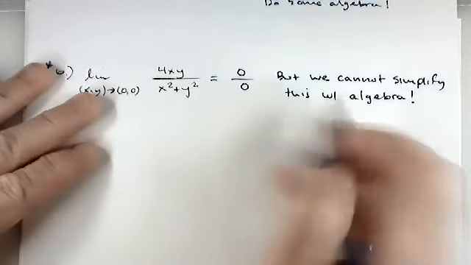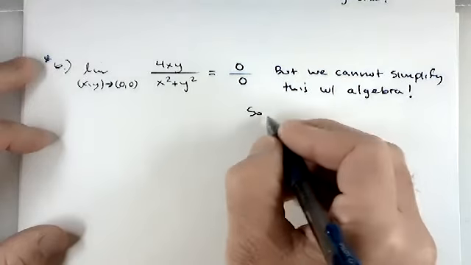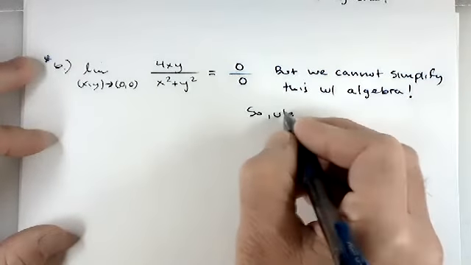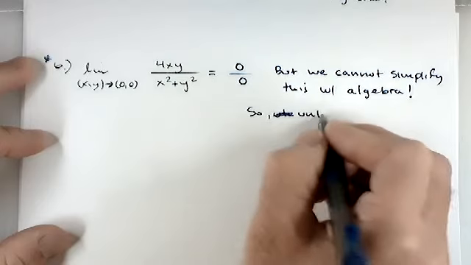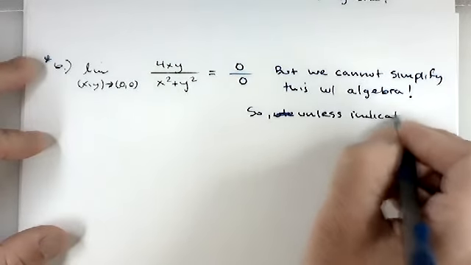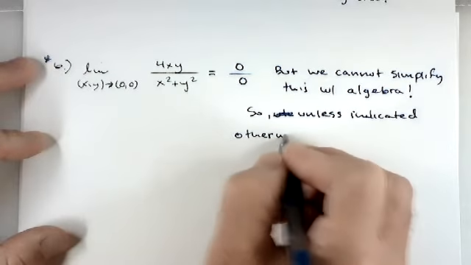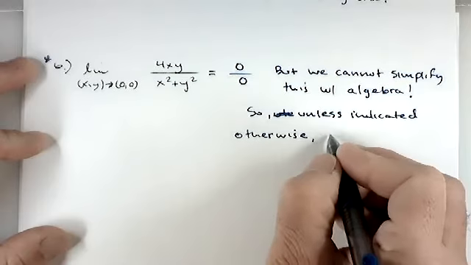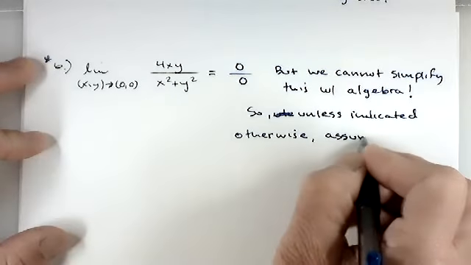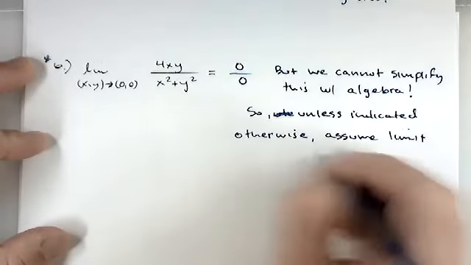If you cannot simplify with algebra, unless indicated otherwise, assume the limit does not exist. DNE.